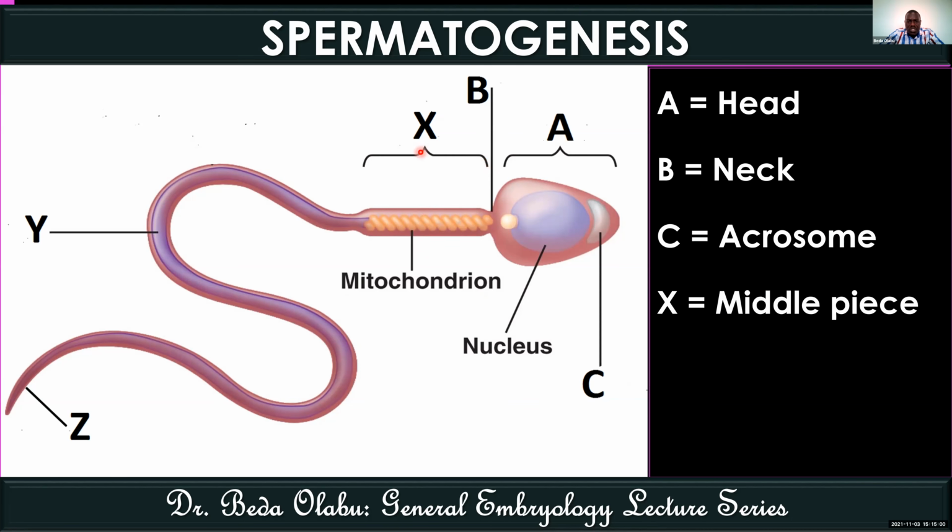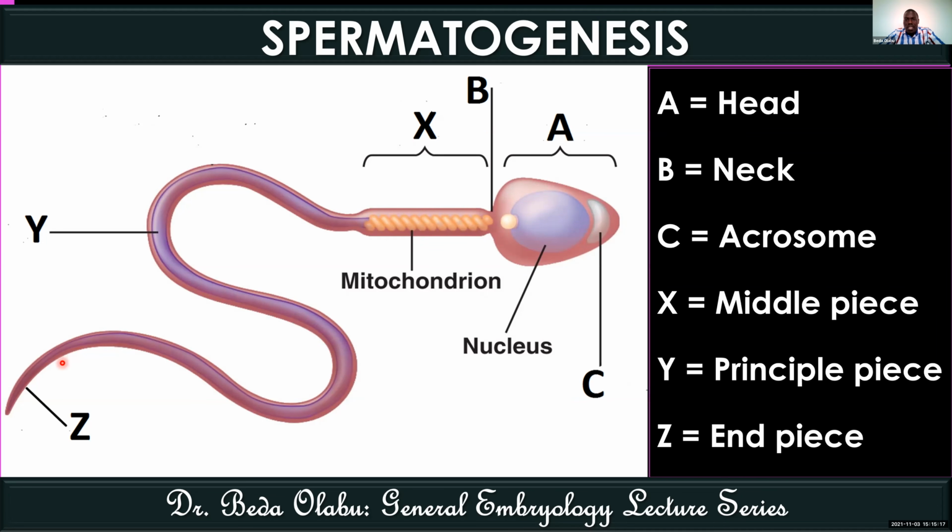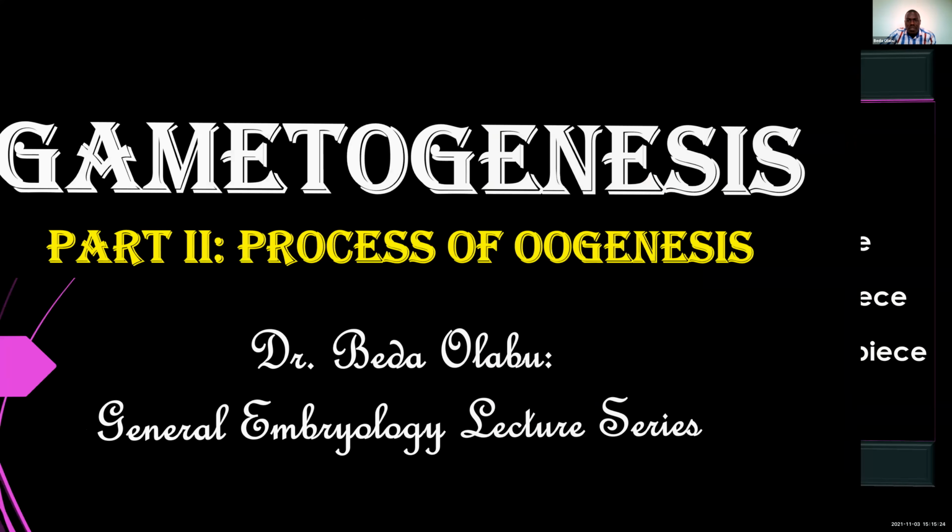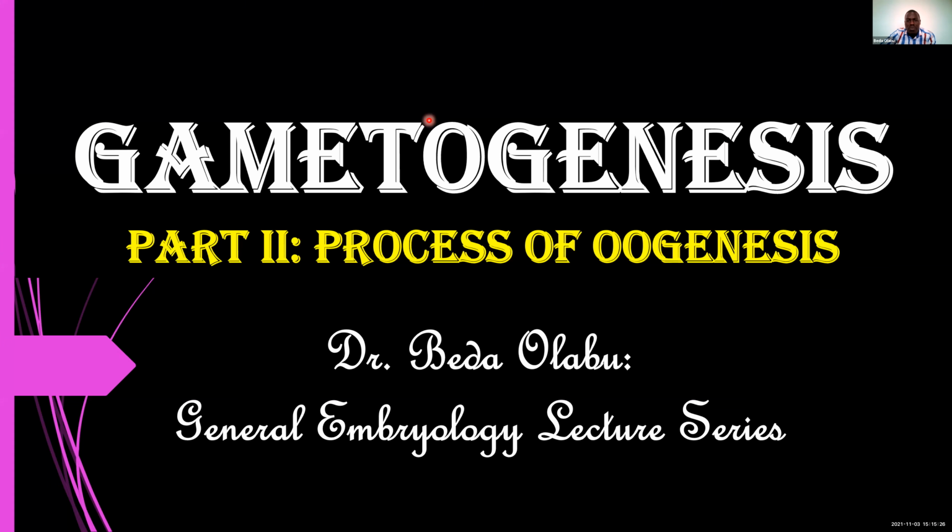The X region is the middle piece of the sperm, which contains a row of mitochondria. This is the tail of the sperm, which has the Y region called the principal piece of the tail, and the Z called the end piece of the tail. That is the process of spermatogenesis. So our next topic will be on oogenesis.